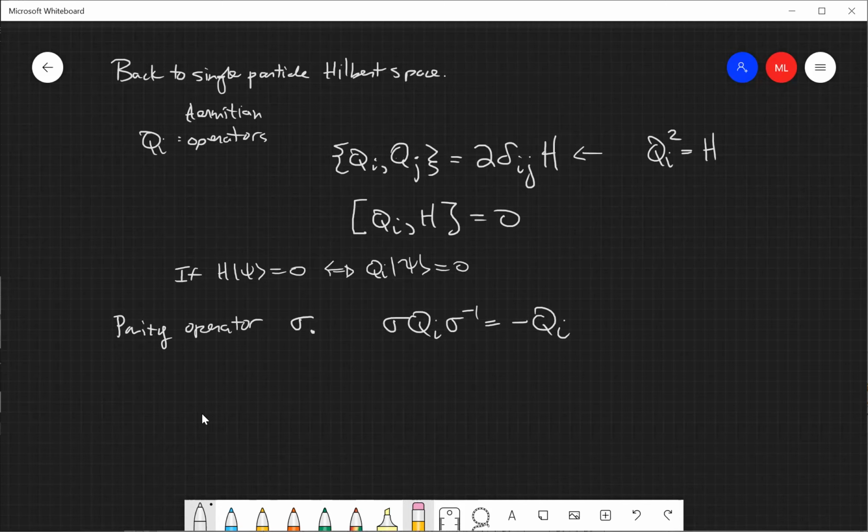You can see what happens with the Hamiltonian under this parity operator. I can introduce the identity here. We know both of these give us minus Q_i, so this must be Q_i squared again. This is H. So the Q_i's are odd under this parity operation, and the Hamiltonian is even.